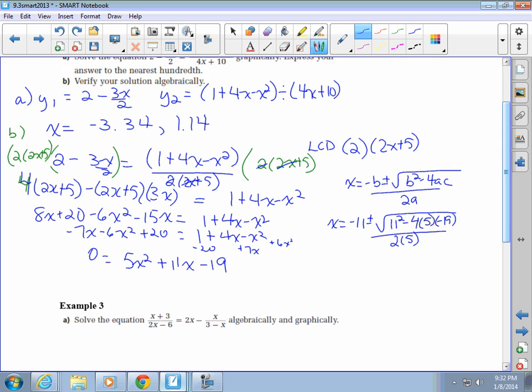So when you calculate this, you're going to have to do negative 11 plus, and then negative 11 minus. You get your answer to be x is equal to negative 3.34 and 1.14. Done.